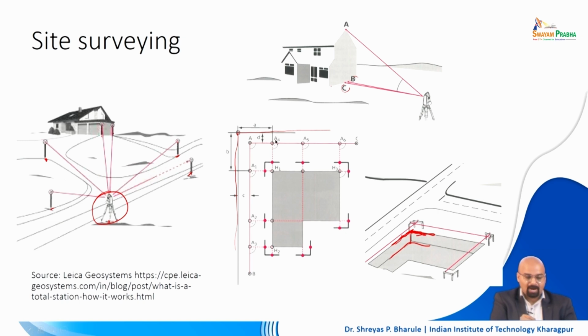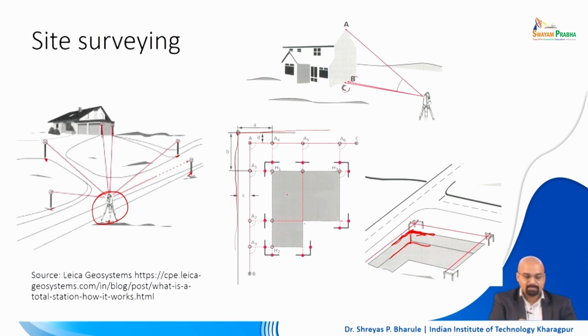However, to identify that particular location, you need to place your total station and ranging rods. Total stations will be placed all along these places called A, A1, A2, A3 and so on, and this way A4, A5, A6, A7 and so on till C, right. And then you try to identify the location of the pit which will create your foundation for your building, right.